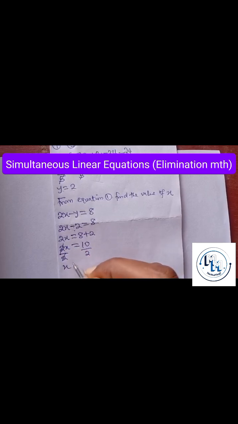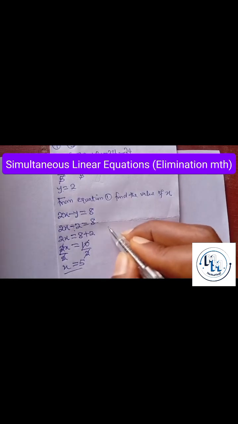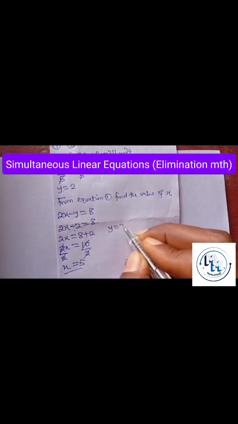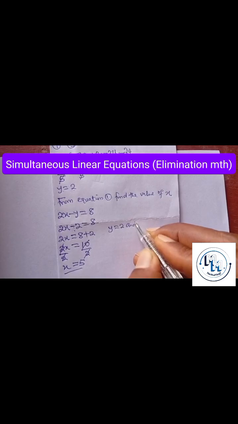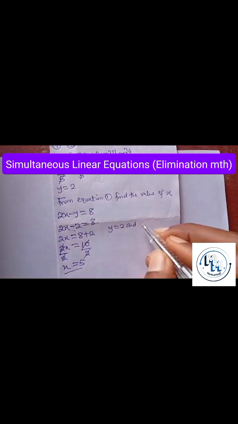Now to get my x, I divide both sides by 2. 2 divided by 2 is 1, 1 times x is x, and 10 divided by 2 is 5. So the value of x is 5. At this point, we say y equal to 2 and x equal to 5.